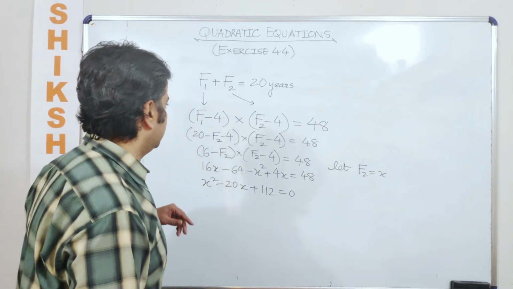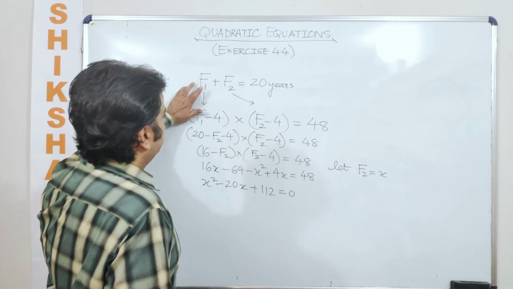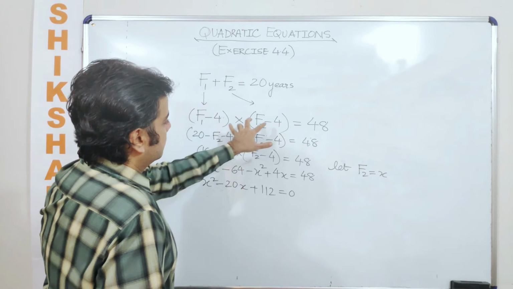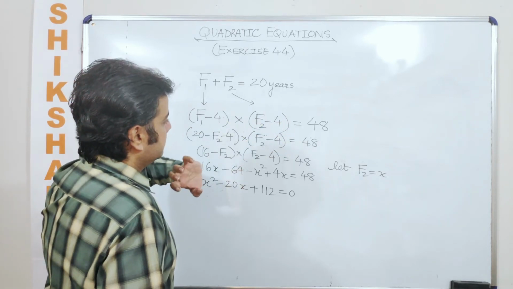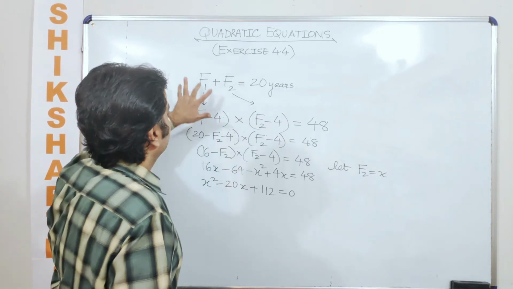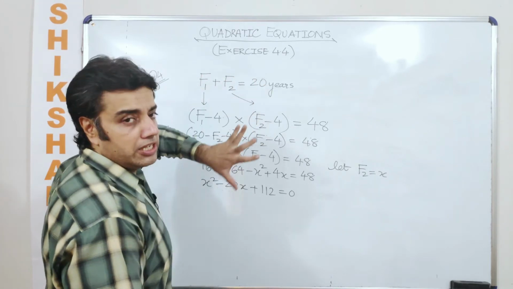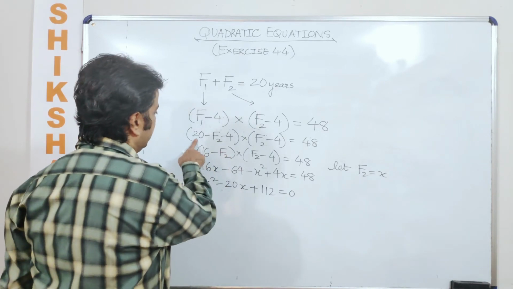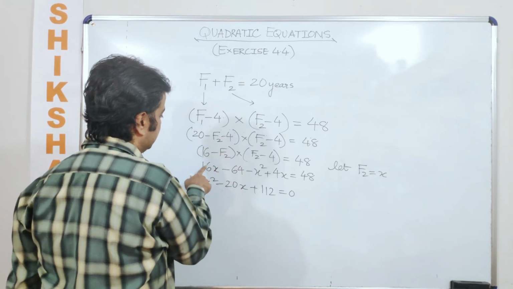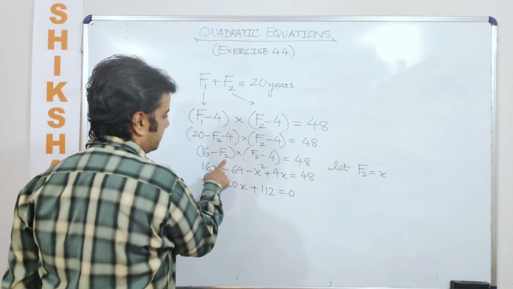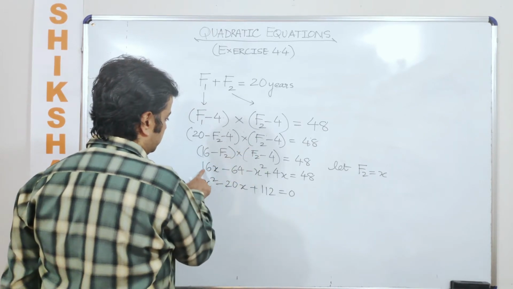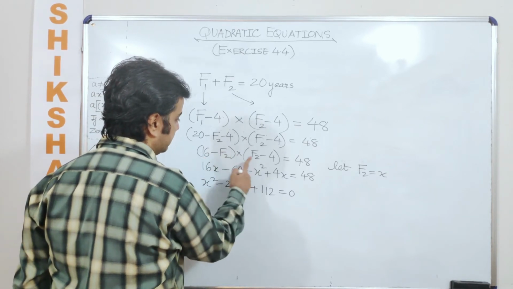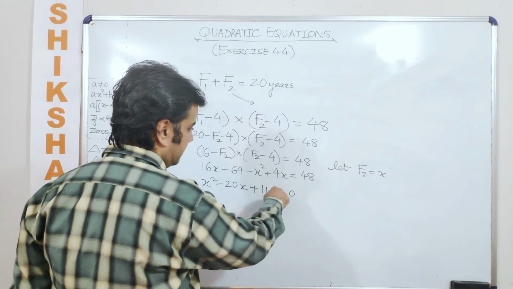Okay, let's see whether we did it correctly or not. So let's say F1 plus x is equal to 20, and now 4 years ago the product of their ages was given to you as 48, correct? And the summation of their today's age is given to you as 20 years. Okay, so now 20 minus x minus 4 is just like saying 16 minus x into x minus 4, which becomes 16x minus 64 minus x square plus 4x is equal to 48.